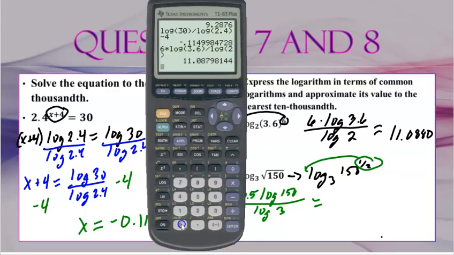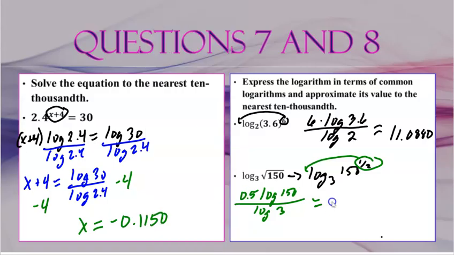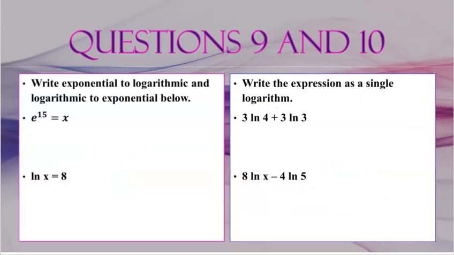So we have 0.5 times the log of 150, and then we're going to divide that by the log of 3. That gives us 2.2804.